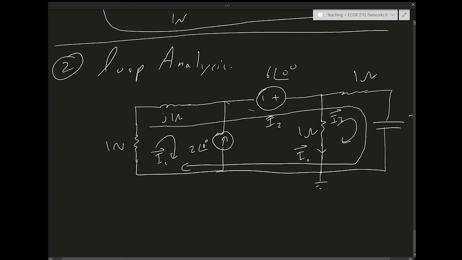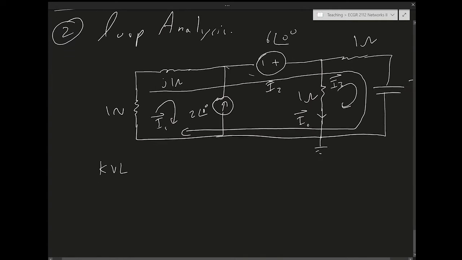And after we stated the loops, all we need to do is apply KVL for each of the loops. Starting, of course, because this current source simplifies things, it gives us just a constraint equation. It tells us that I1 equals minus 2, 0 degrees.